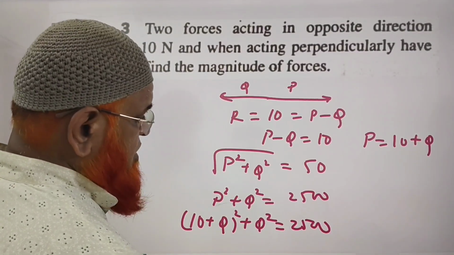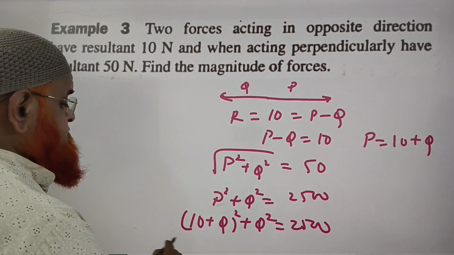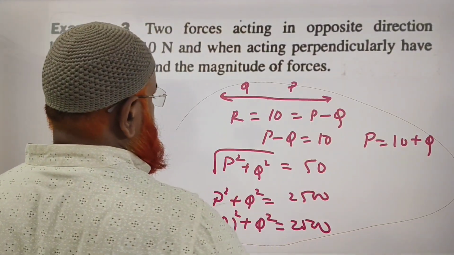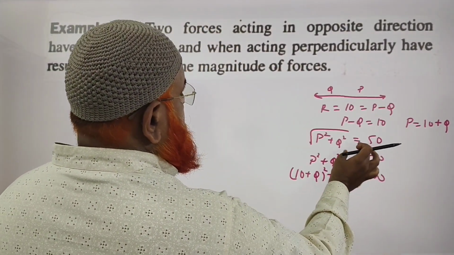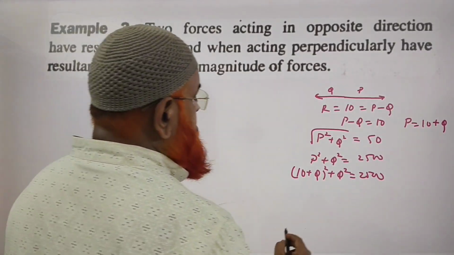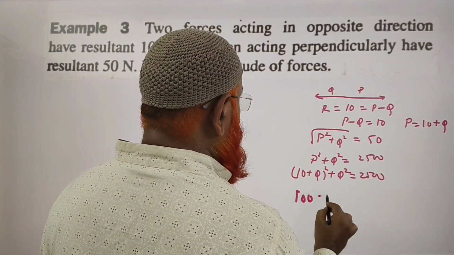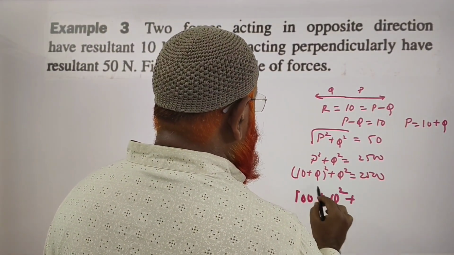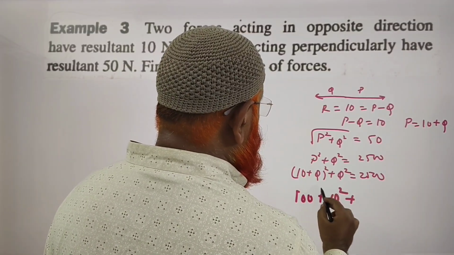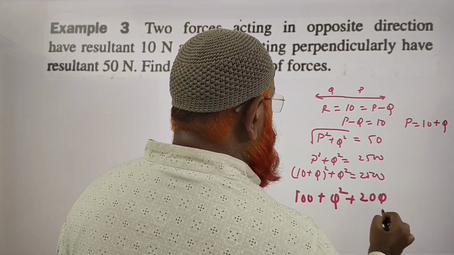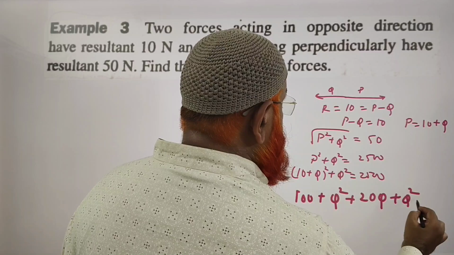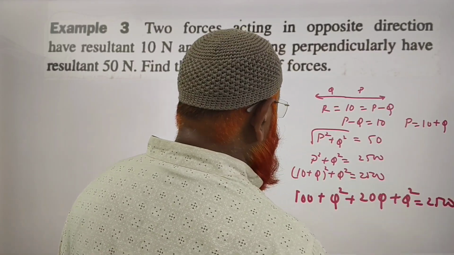And then we are doing squaring on both sides. So how much are you getting now? 100 plus q square plus 2 into 10 into q, that is 20q, plus q square is equal to 2500.